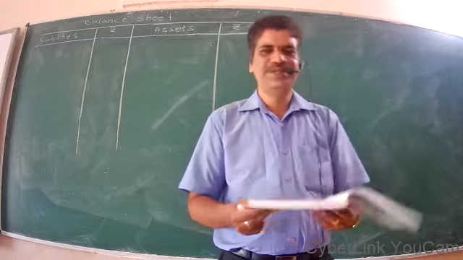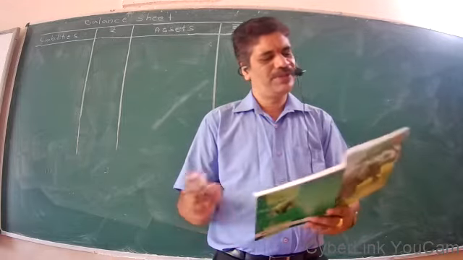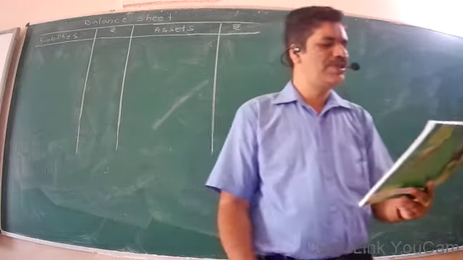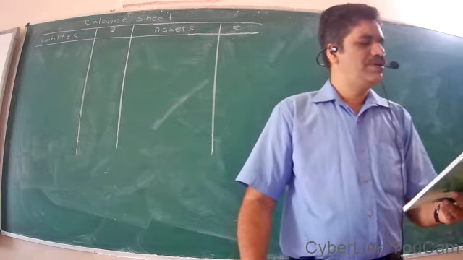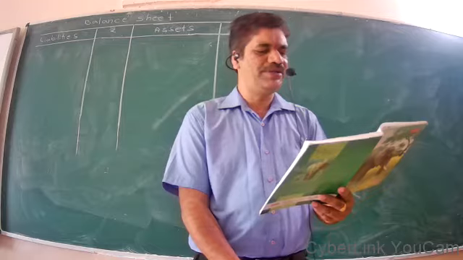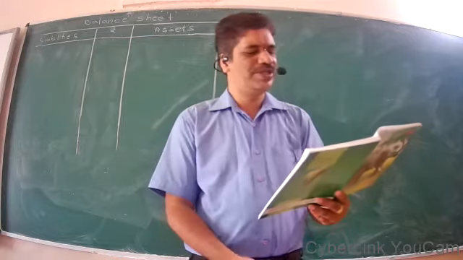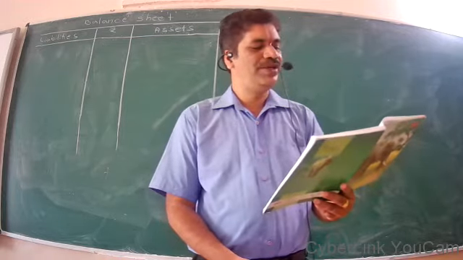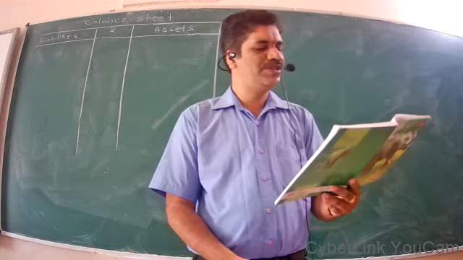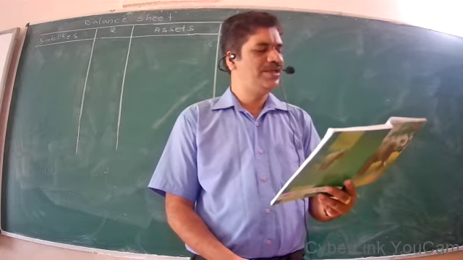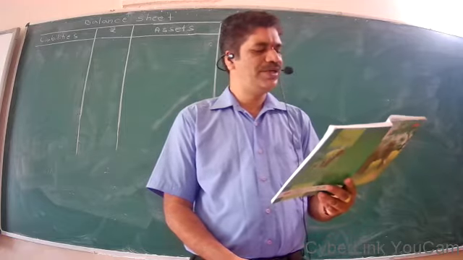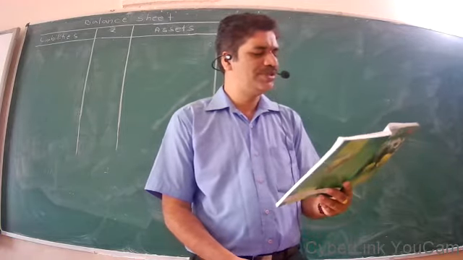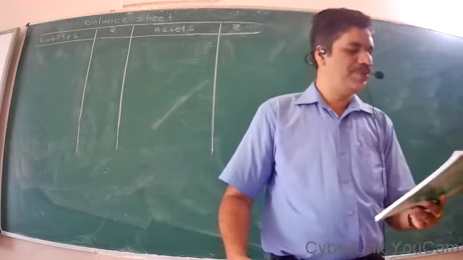So the problem, once again, I want to repeat: the following particulars are related to X Company Limited. The first information is capital, pertaining to preference share capital: 450, 6% preference shares of rupees 100 each fully paid, and 4,500 equity shares of rupees 10 each fully paid.